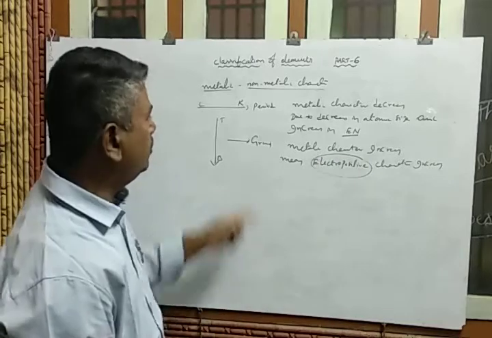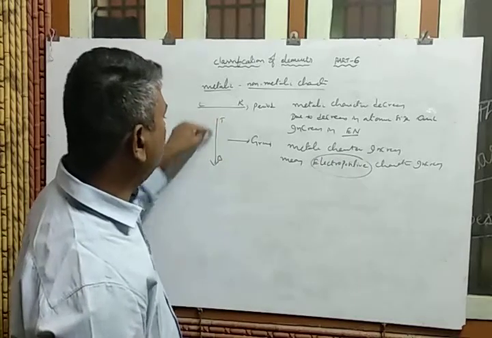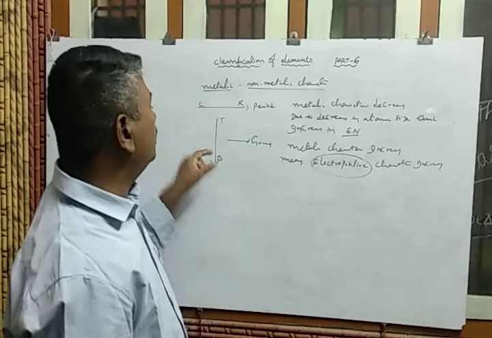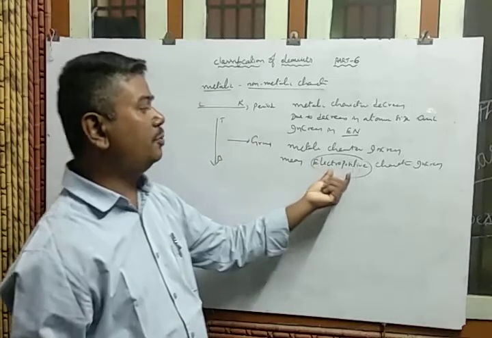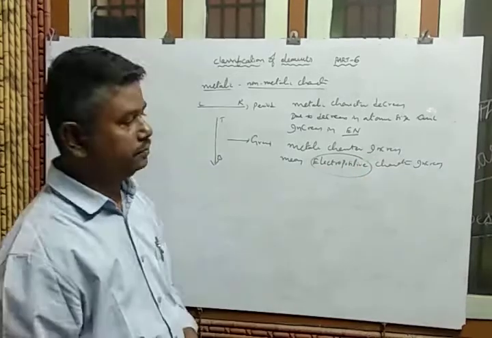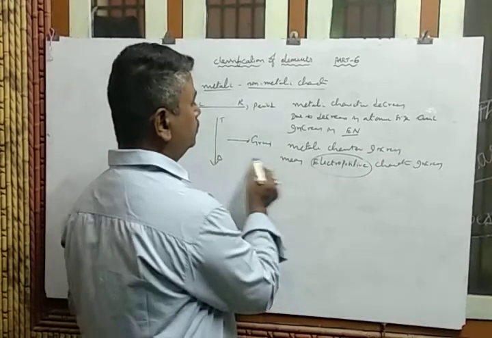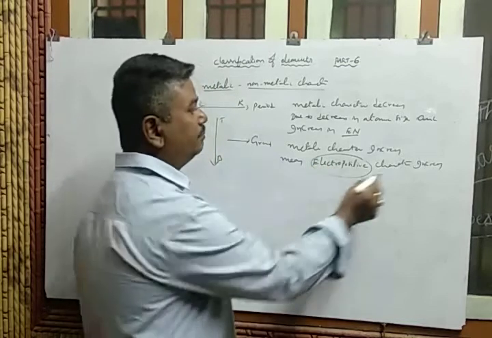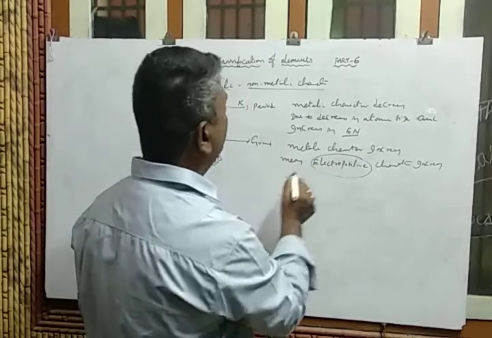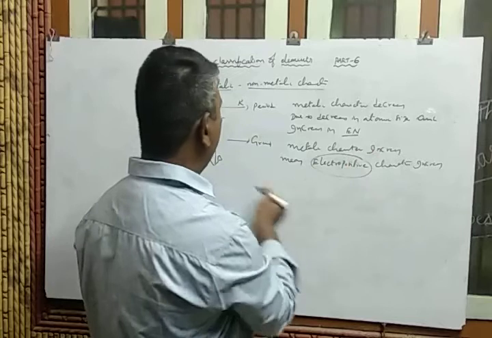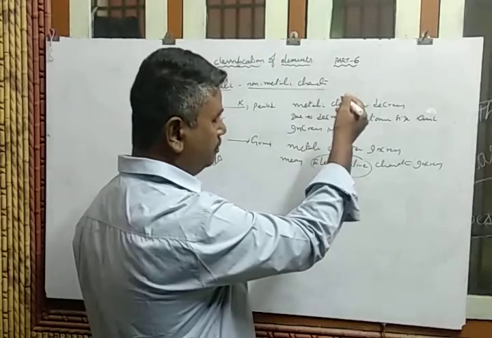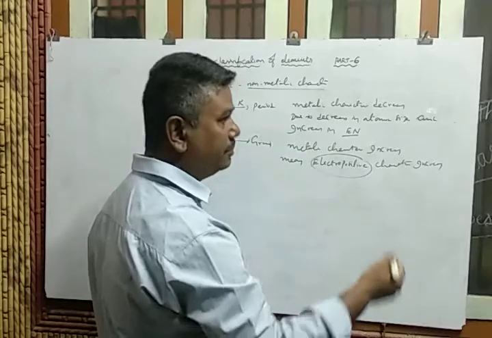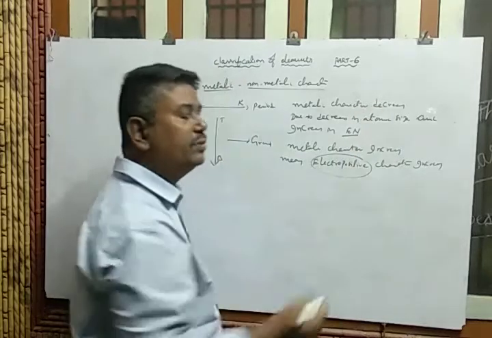So finally, what do we conclude here? While you are moving top to bottom in a group, the atomic radius increases and electropositive character increases. So the metallic character increases. That's why in the first group elements like lithium, sodium, potassium, rubidium, cesium, francium, the metallic character gradually increases.